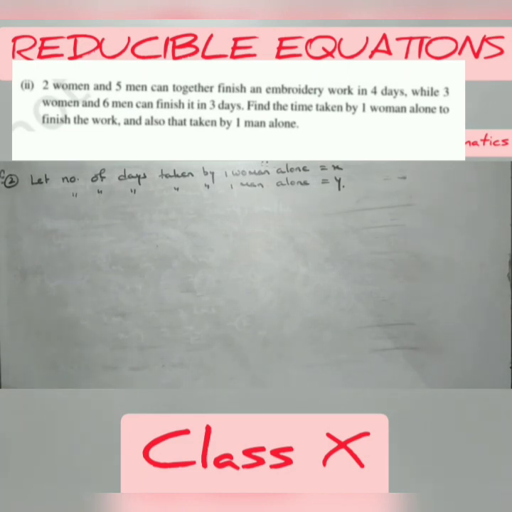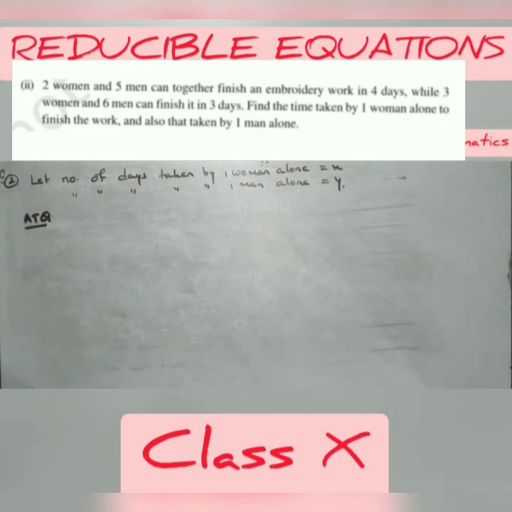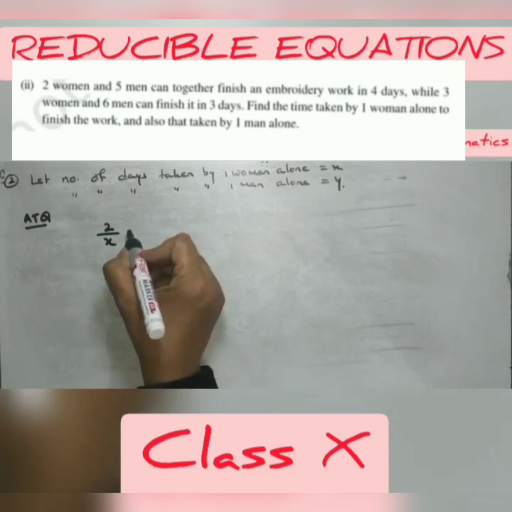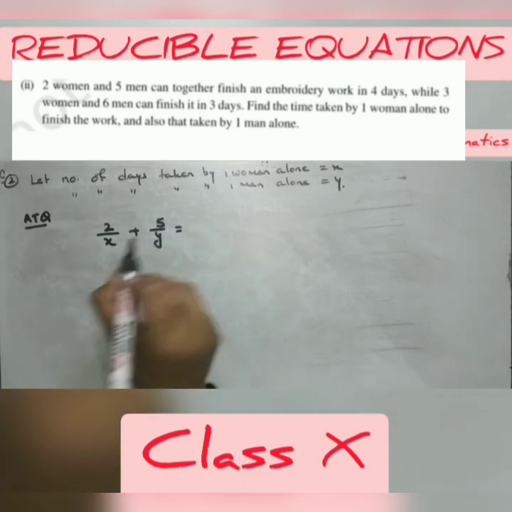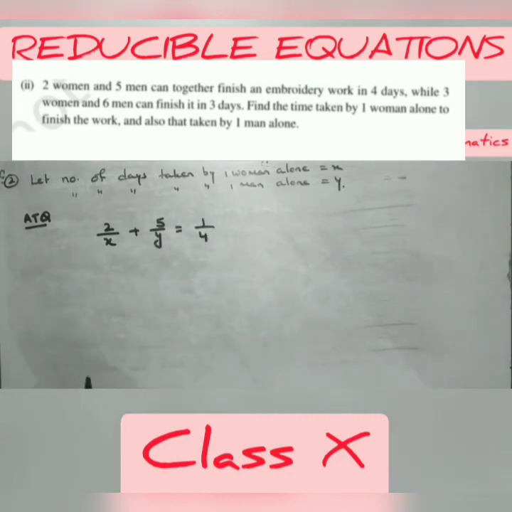According to question, 2 women and 5 men. So 2 by x plus 5 by y is equal to, they are going to complete the work in 4 days, so their 1 day work will be 1 upon 4.